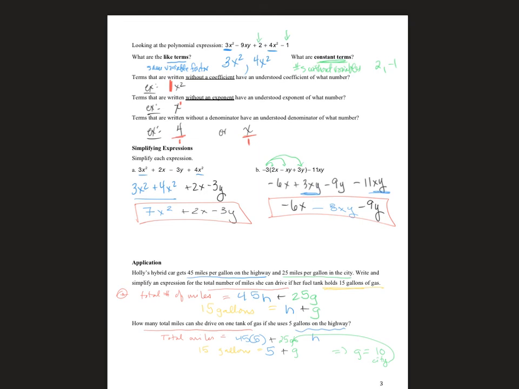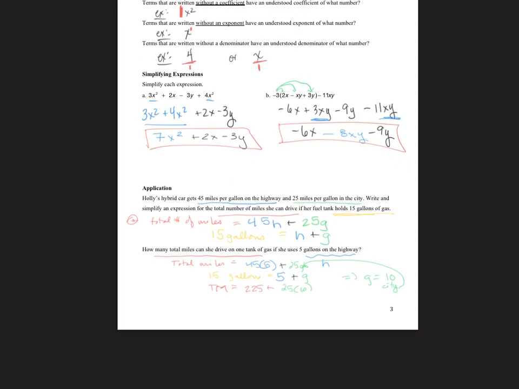So my total number of miles is going to be 45 times 5, which is 225, plus my 25 times 10, which is 250. So my total number of miles is going to be 225 plus the 250.